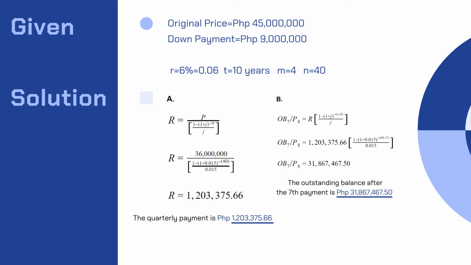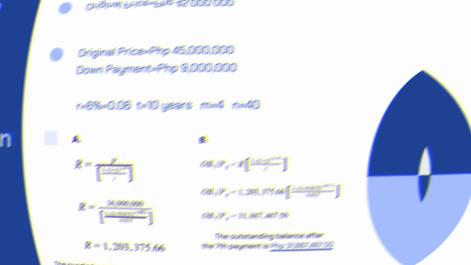Since we are finding the outstanding balance after the 7th payment, K is 7. Substitute the values, and the outstanding balance after the 7th payment is 31,142,103 pesos and 86 centavos.